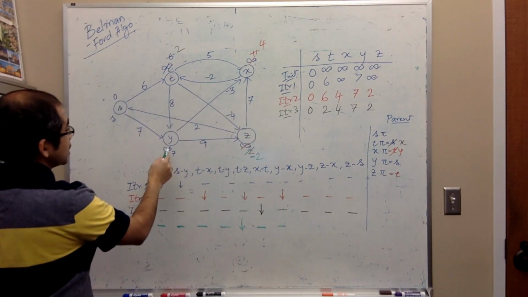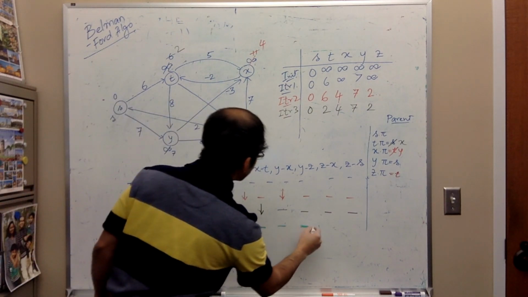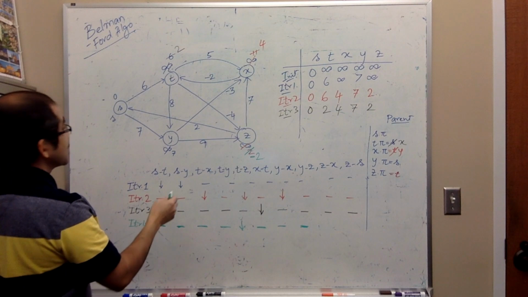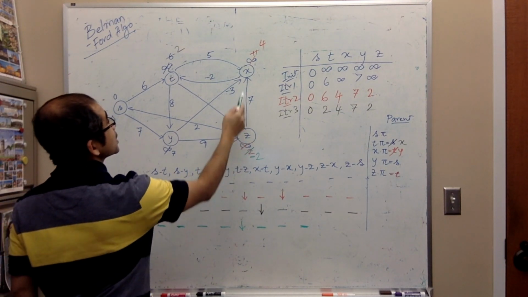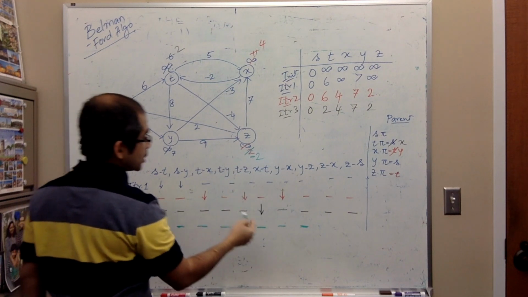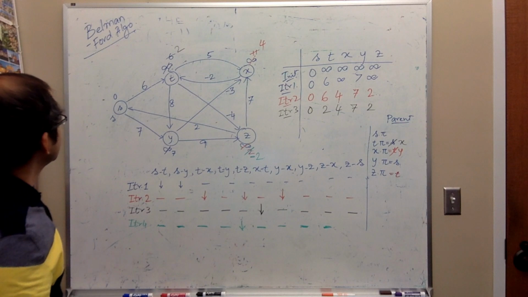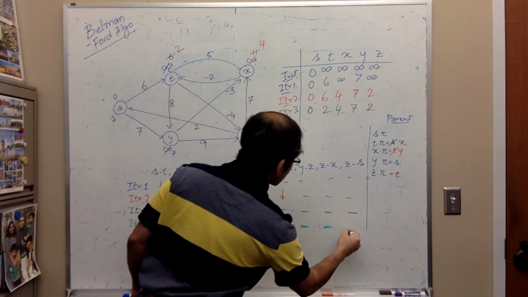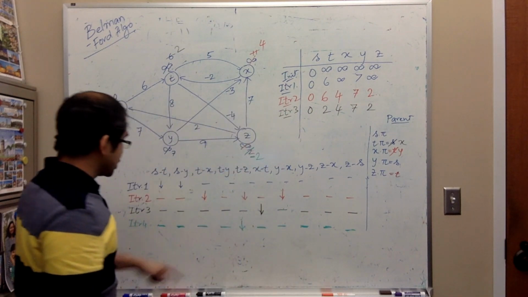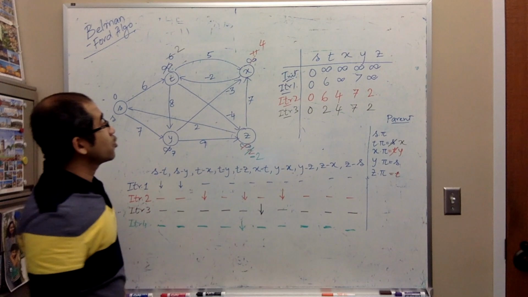Y to Z is 7 plus 9, which is definitely higher, so nothing to do. Z to X is minus 2 plus 7, that is 5, that's still higher, nothing to do. Z to S is minus 2 and 2, 0, so we already have a 0, so nothing to do. So there is only one change here, and we have finished 4 iterations.